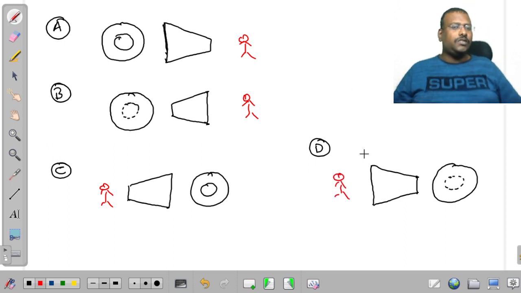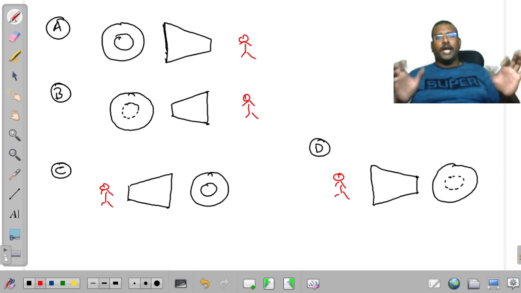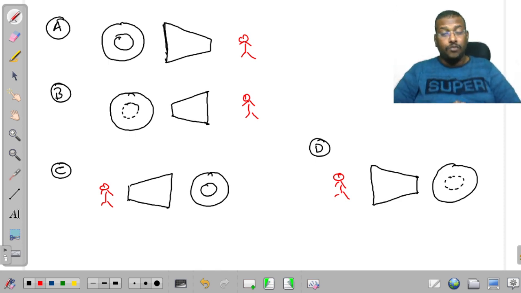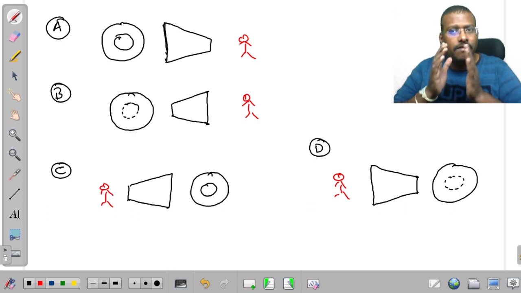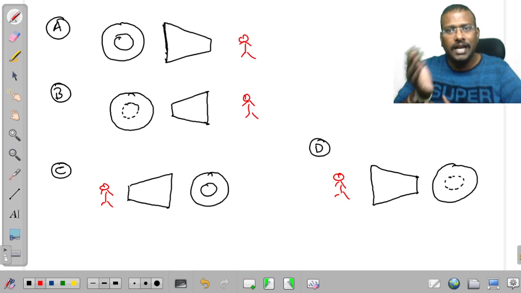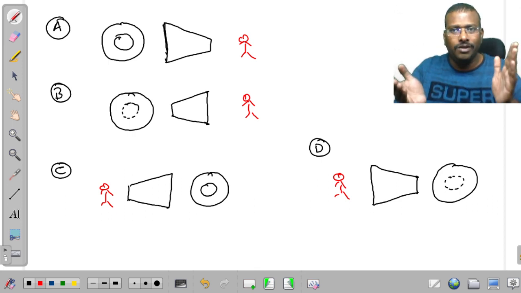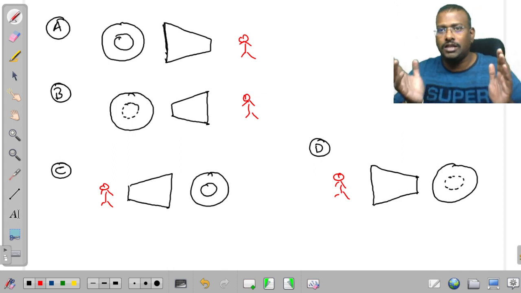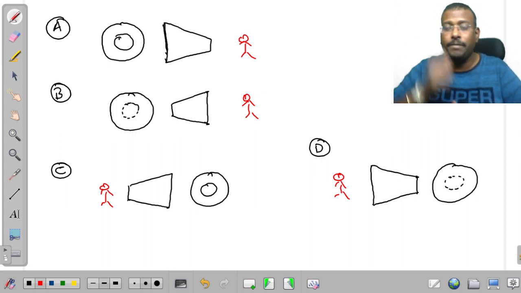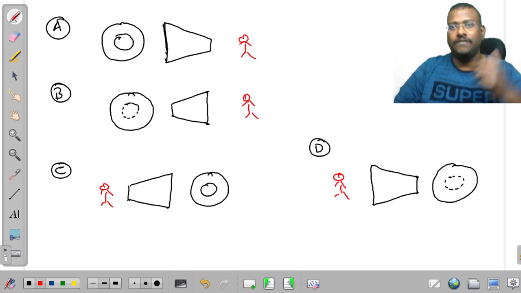In all these 4 diagrams, if you observe carefully, wherever the observer is present, opposite to it, if he is on the right side, the side view is drawn on the left side. If he is on the left side, the side view is drawn on the right side. If you observe options A and B, the observer is on the right side, the side view is drawn on the left side.